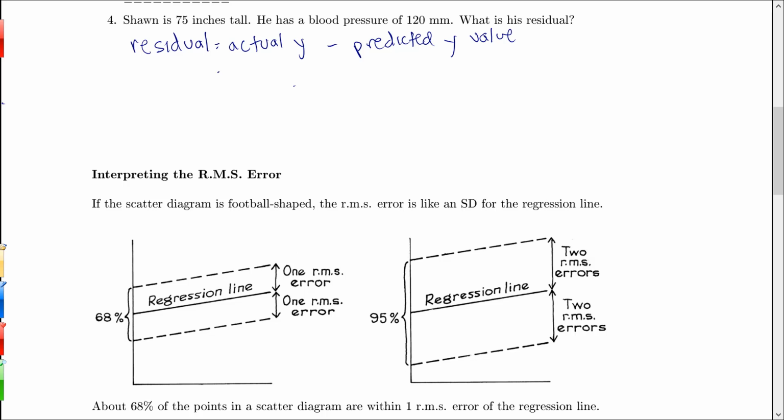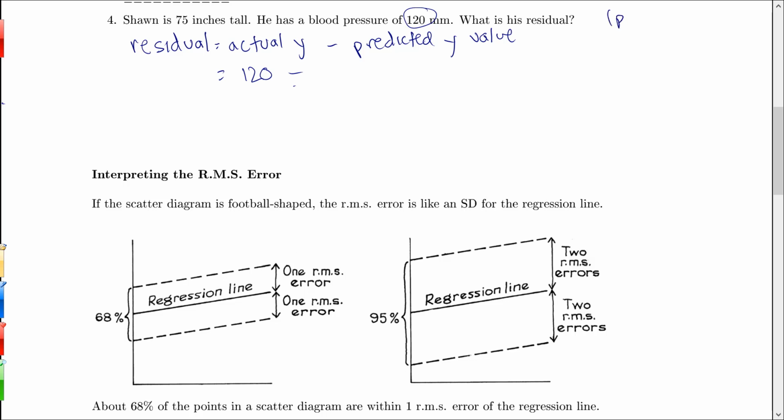So in our case, for Sean, he's 75 inches tall. He has an actual blood pressure of 120. Now we need to minus the predicted Y value. Well, notice how I said he is 75 inches tall. If you look back to part 1, it said find the average blood pressure of men who are 75 inches tall.